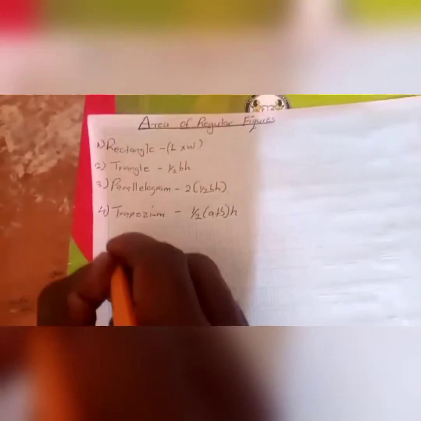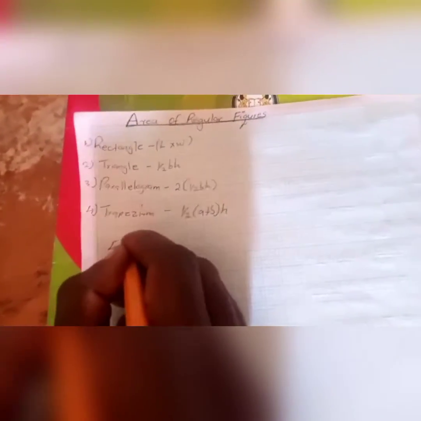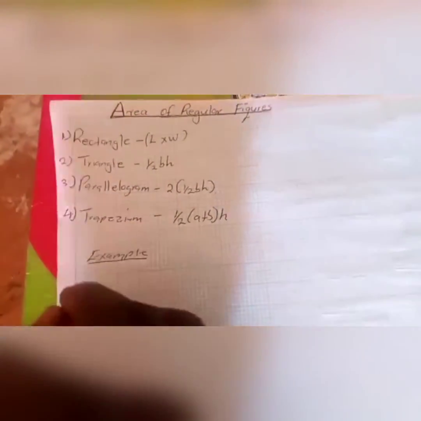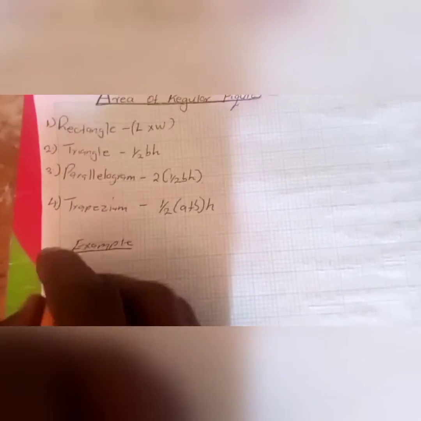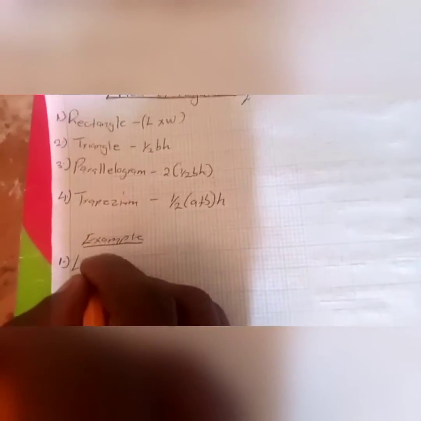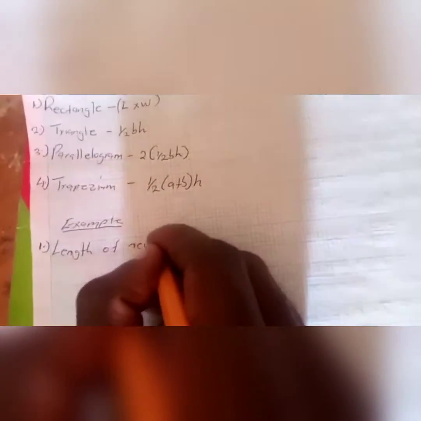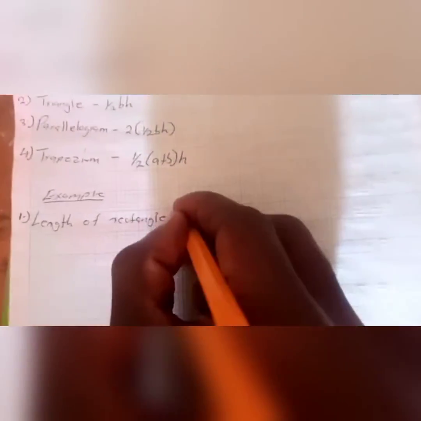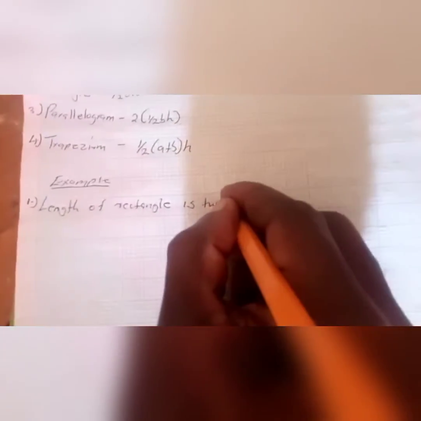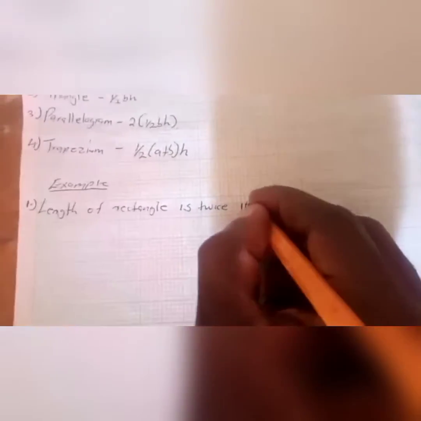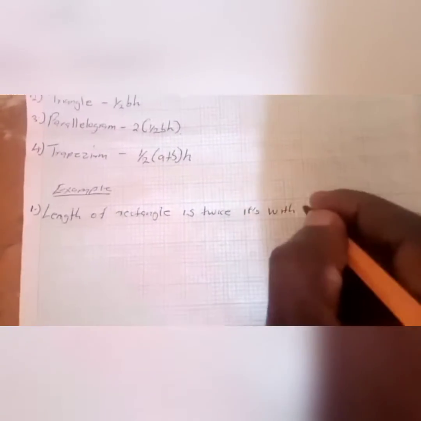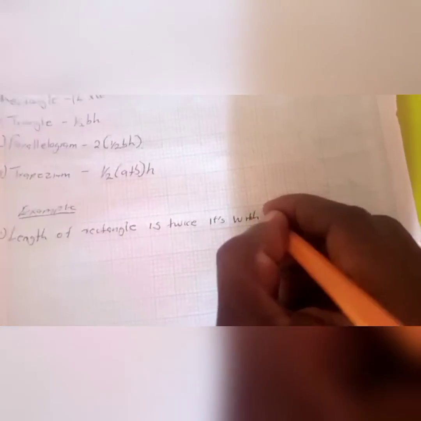So for example, can I be given the following example? Let's have examples of how to go about it. In a question can be given, let's say example 1: the length of a rectangle is twice its width, okay?